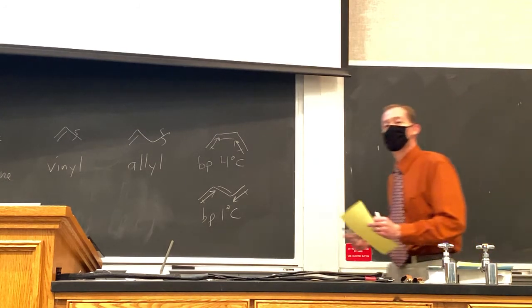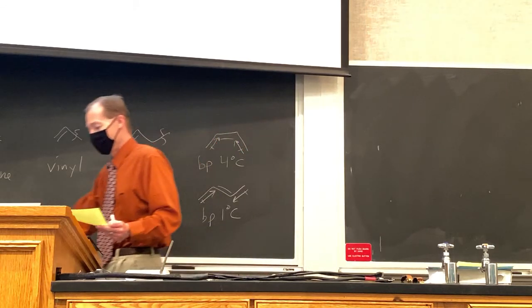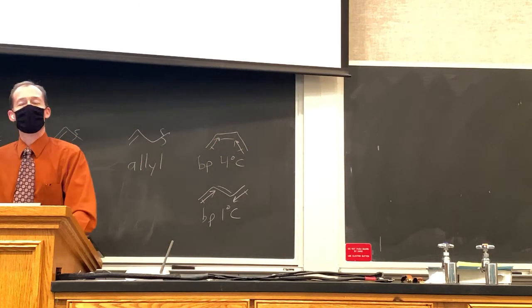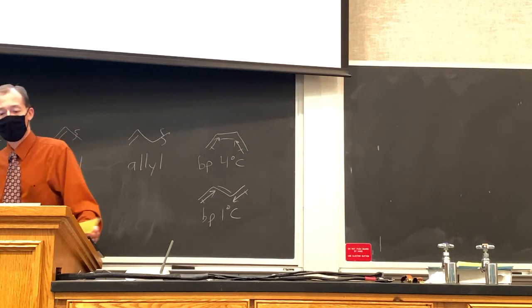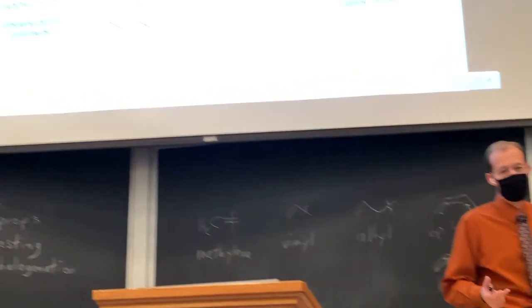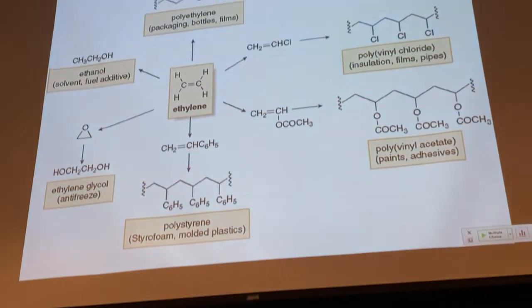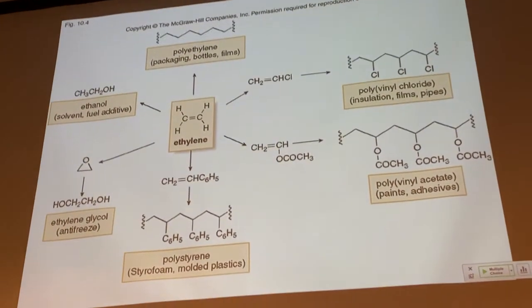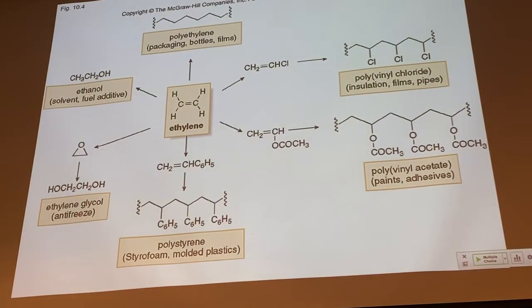Okay, let's talk about interesting alkenes in nature and industry. Ethylene, our simplest alkene, even though it has a very simple structure, is arguably the most important alkene in the world because it is the most largely produced chemical in the chemical industry.